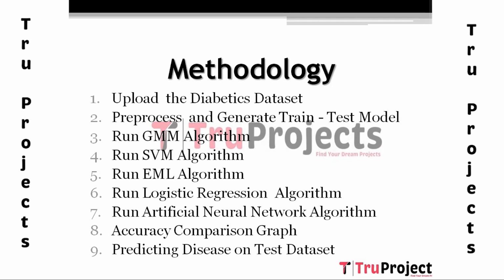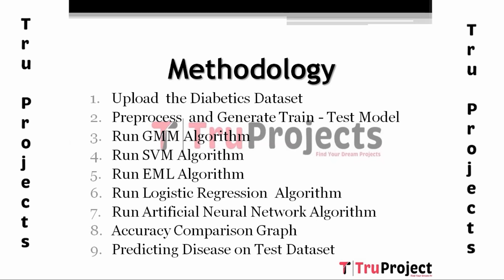According to the creators, this model is able to produce good generalization performance and learns thousands of times faster than networks trained using backpropagation. The next module, run logistic regression algorithm.